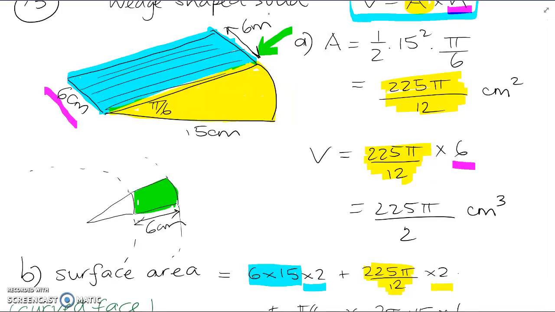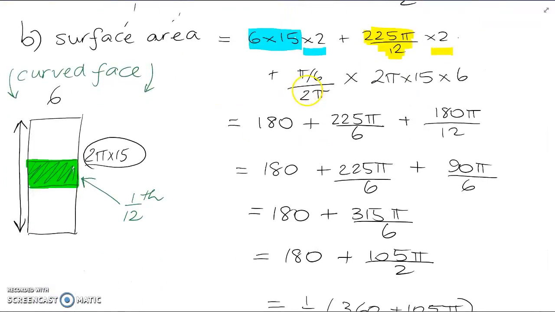That would go fully around a circle, but we have only got 1/12 of it. How do I know? Because pi on 6, what fraction of 2 pi is that? It's 1/12. So I know that I've really only got 1/12 of this whole area.